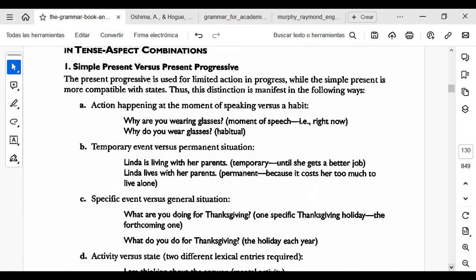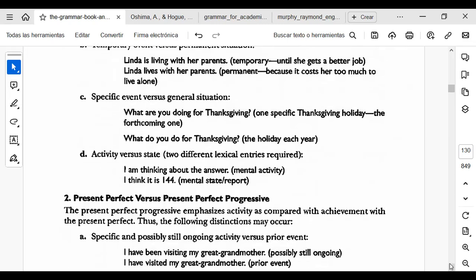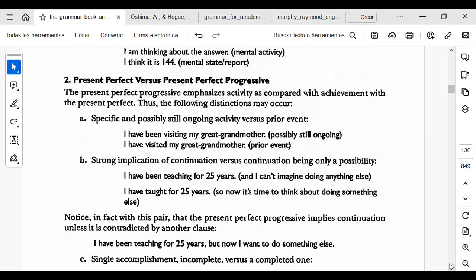Action happening at the moment of speaking versus a habit. Why are you wearing glasses right now? Why do you wear glasses? Temporary events versus permanent situation. Linda is living with her parents. A specific event versus general situation. There you are, some examples also.